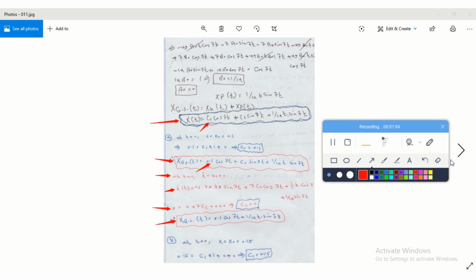We will do the same steps for part b. At t is equal to 0, we have the distance 0.15, which is 15 centimeters. We'll get c1. We will substitute the c1 into this equation.